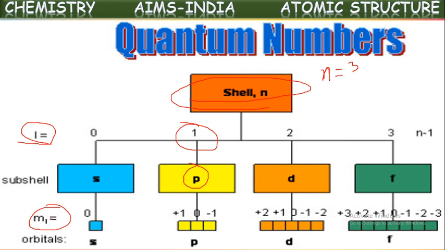If we know the magnetic quantum number value, then we can say the orientation of that electron also. So in the p subshell, suppose it is given M value as plus 1, then we can say the electron is in the third orbit in the p subshell, with x-axis orientation. We can say it is px orbital.